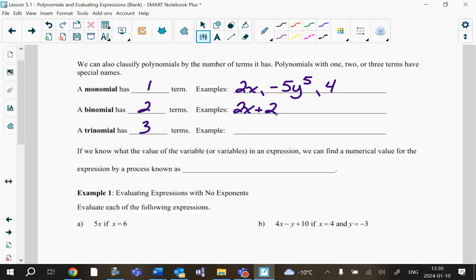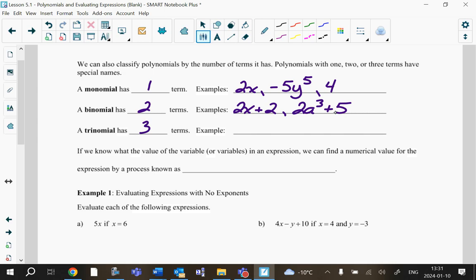Got 2 terms, 2x and 2 separated by a plus sign. Give me another one that has an exponent and the letter a in it. 2a cubed plus 5. Good. Excellent. Terms are separated by plus or minus signs.